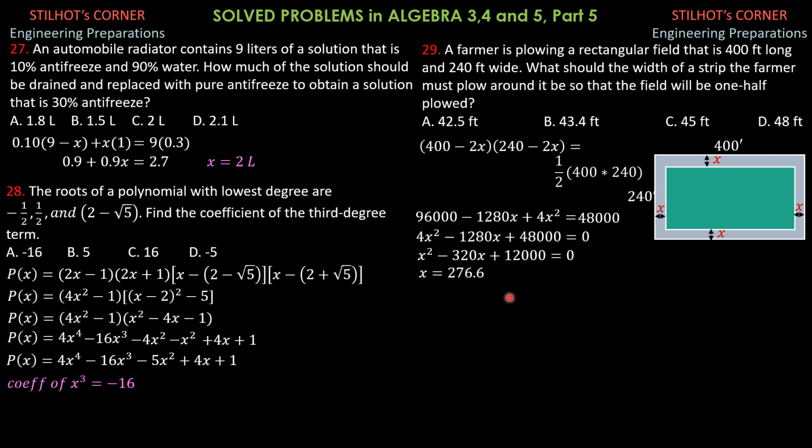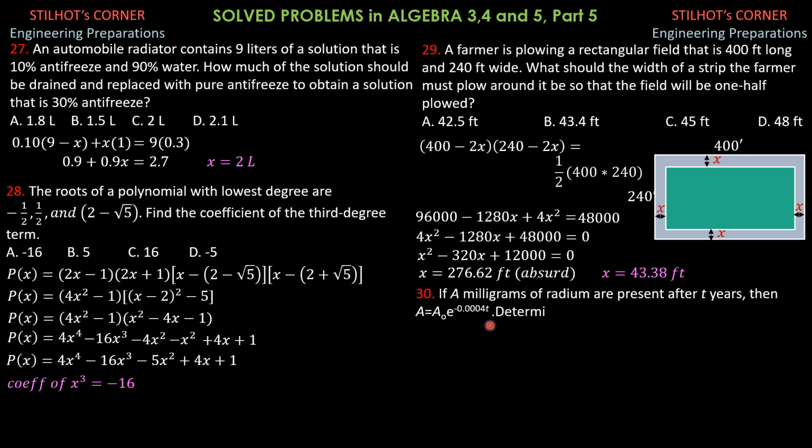Then the roots are 276.62 feet, which is an absurd value because if x is 276.62, the second dimension becomes negative. So that's an absurd value. The other value is the true value, which is equal to 43.38 feet.